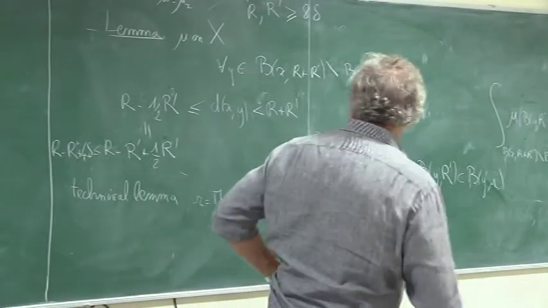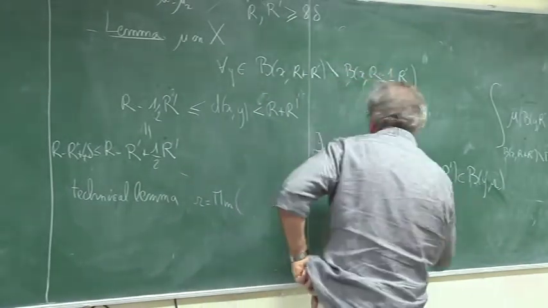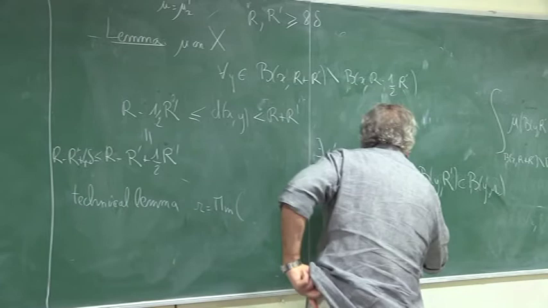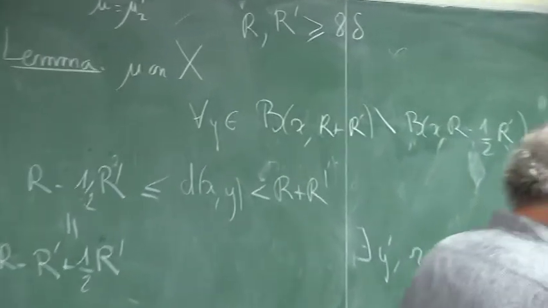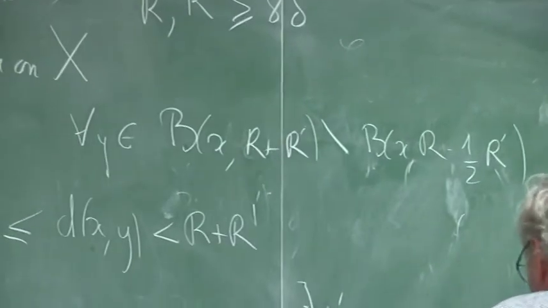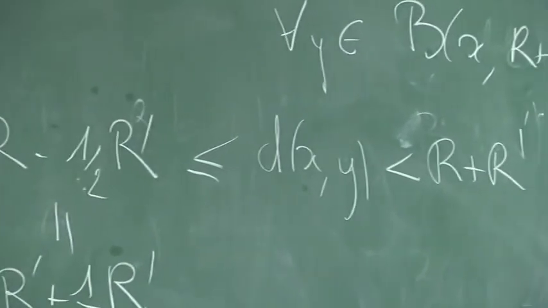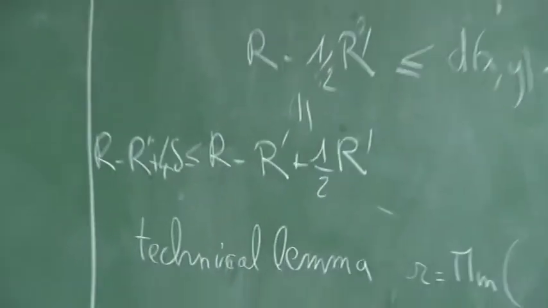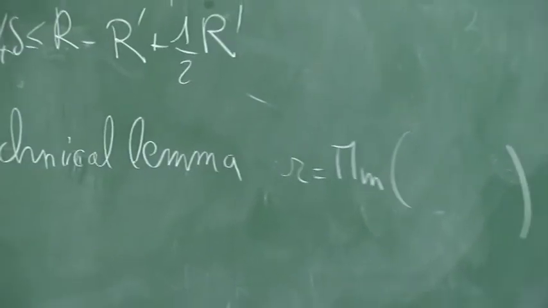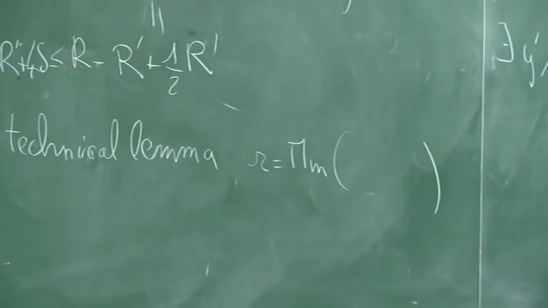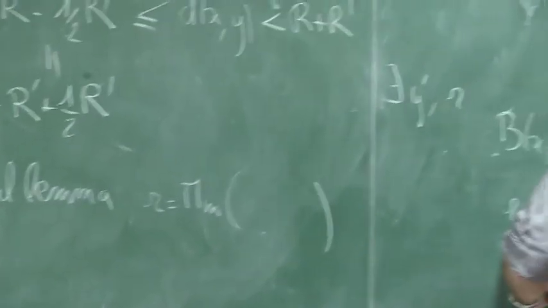Well, it's not difficult to show that the minimum is achieved for the third term in the equality, and so the radius here is just, so what is this number? The radius is 1/2 of (r + r' - d(x,y) + 2 delta).